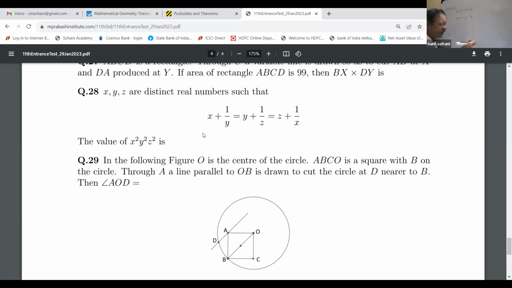That also can be tried, no issue. Now what I am doing here is showing you on the board. I'll take the second equation with the third one and I'll transpose y minus z as I have done here, equal to 1 upon x minus 1 upon z.